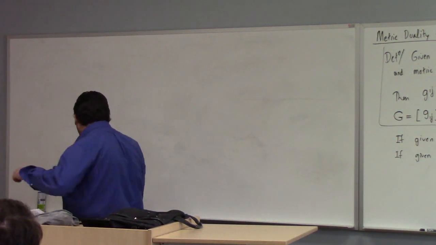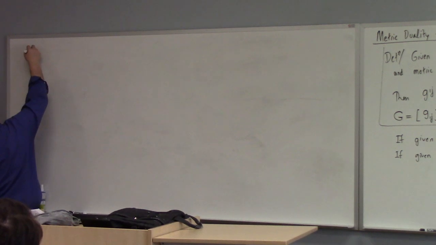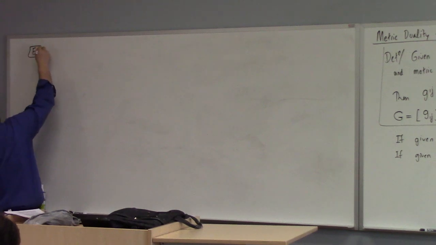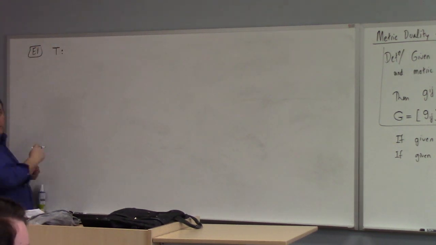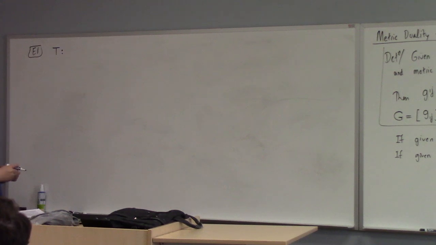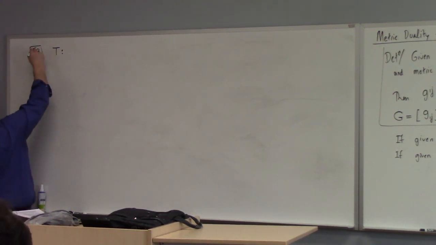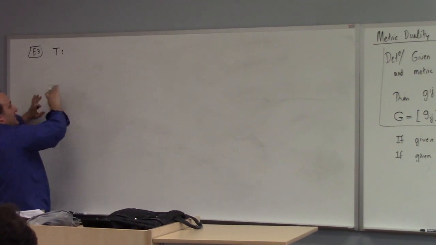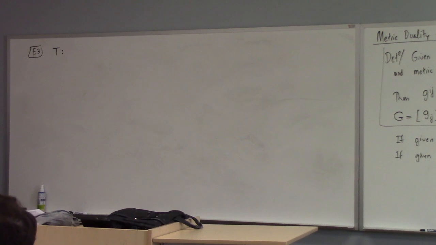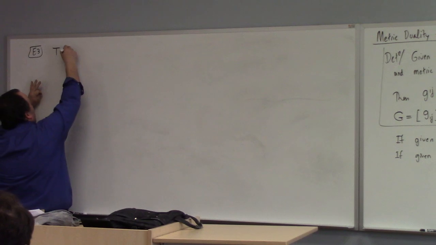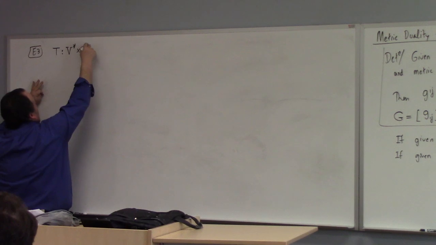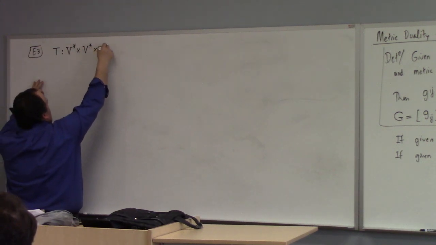So getting to the point here, example 3, if I had a tensor T, what do you want the inputs to T to be? I'll take 3 inputs, any 3. V star, V star, V star. V dual cross V dual cross V dual, all right.